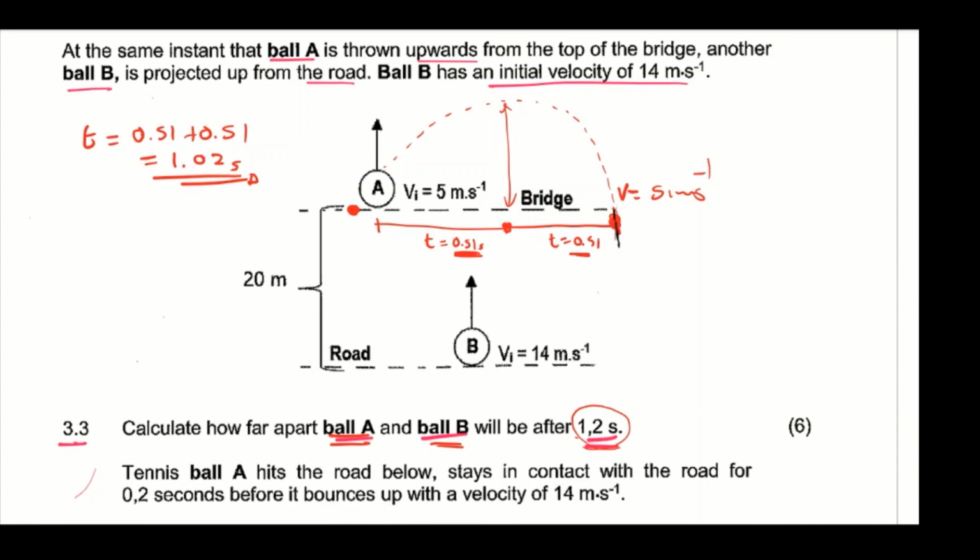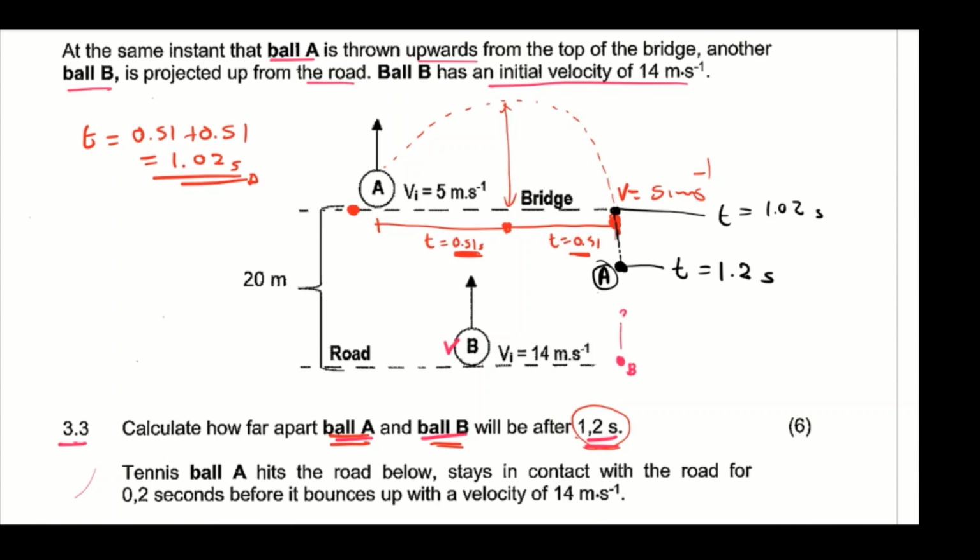Let's assume this is the point, because from this point it's t equals 1.02 seconds. So here let's assume t equals 1.2 seconds for ball A. Now what's going to happen is this: ball B, which is this one here, will move. Let's say this is ball B. It moves vertically upwards.